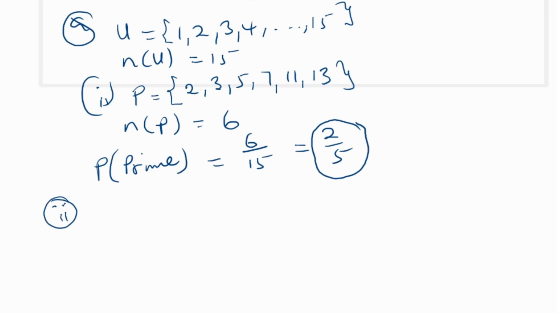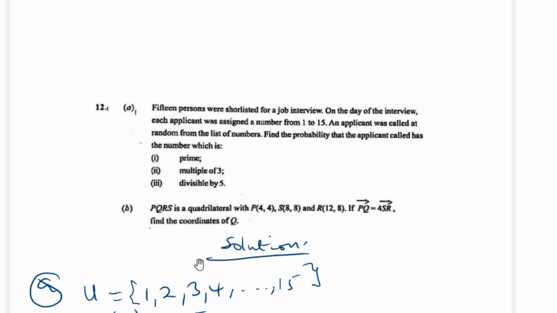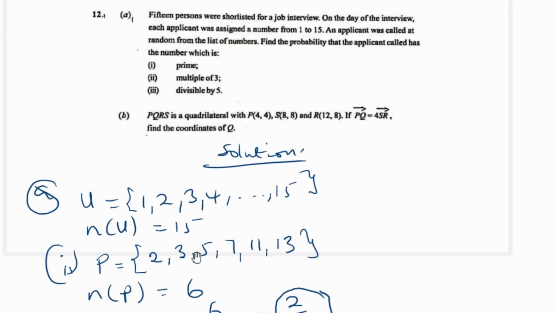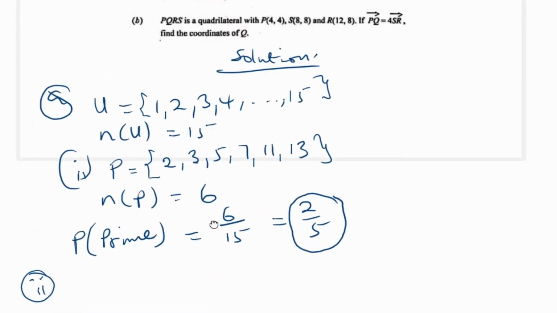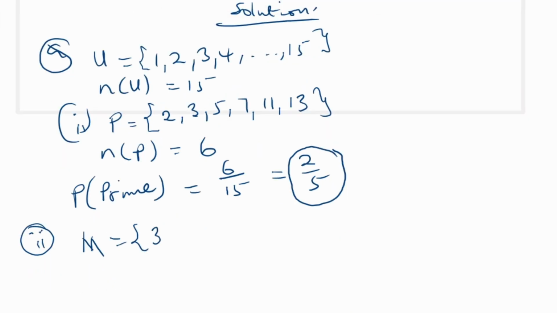So let's get to the second part of the question, which is asking us to find the probability of selecting a number that is a multiple of 3. Let's get the multiples of 3 first. Let me call it M. The members of M will be 3, 6, 9, 12, and 15, a total of 5.